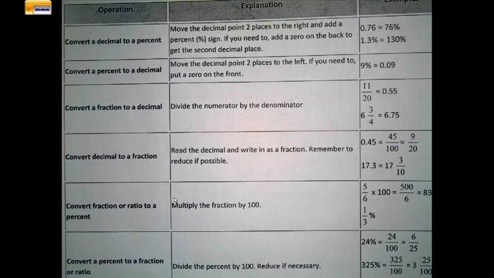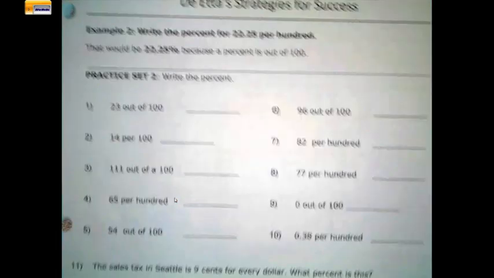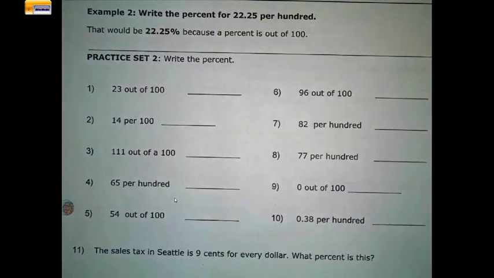Okay? Now, we know that a percent means per 100. So I want to know who had trouble with page 3. Absolutely nobody should have problems with page 3 if you know that the definition of a percent is per 100.